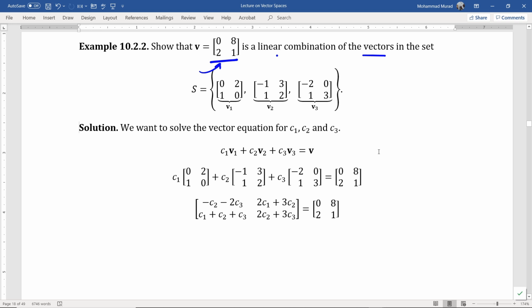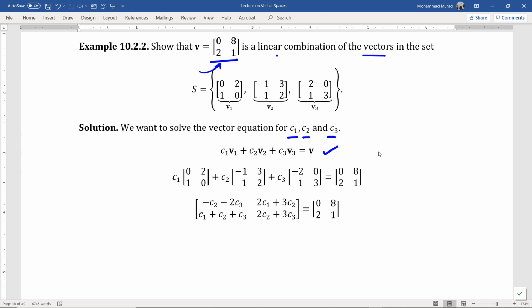Let's have a look at the solution. We want to solve the following vector equation for the unknowns C sub 1, C sub 2, and C sub 3, such that this equation is true.